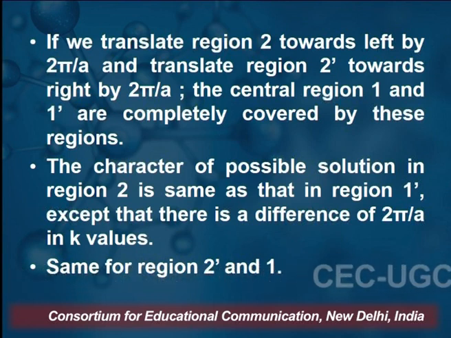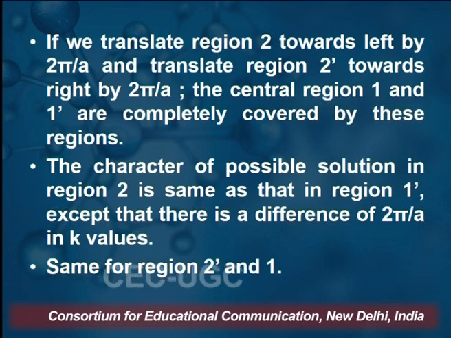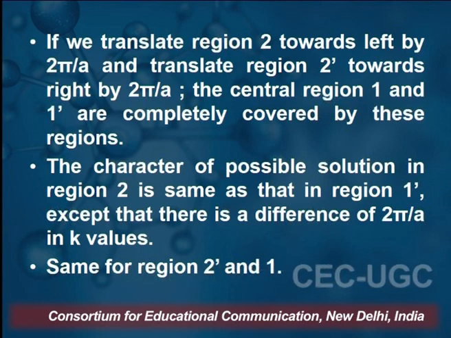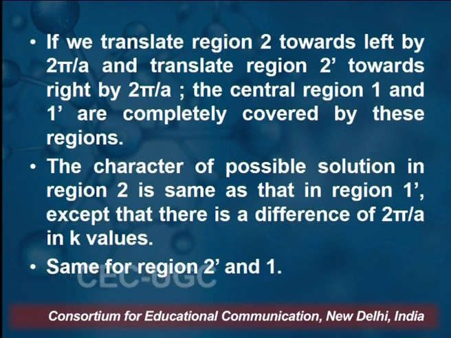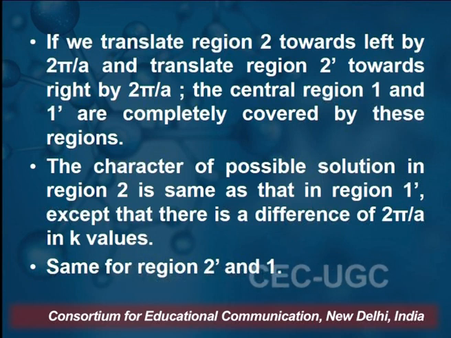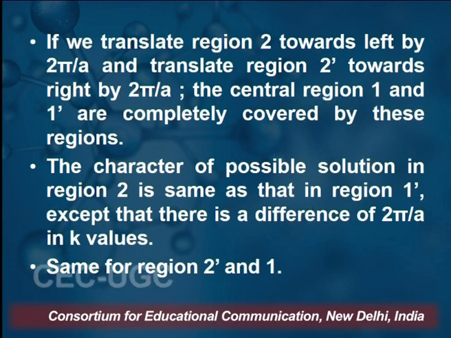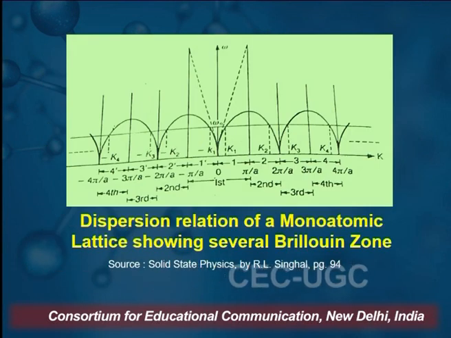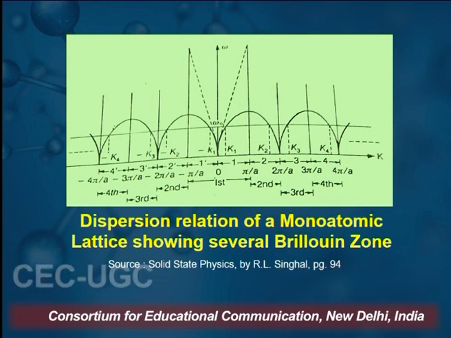If we translate this region 2 to the left by an amount 2 pi by a, it will come to the central region 1, and if the second region is again translated by a value minus 2 pi by a, it will come to region 1 prime.